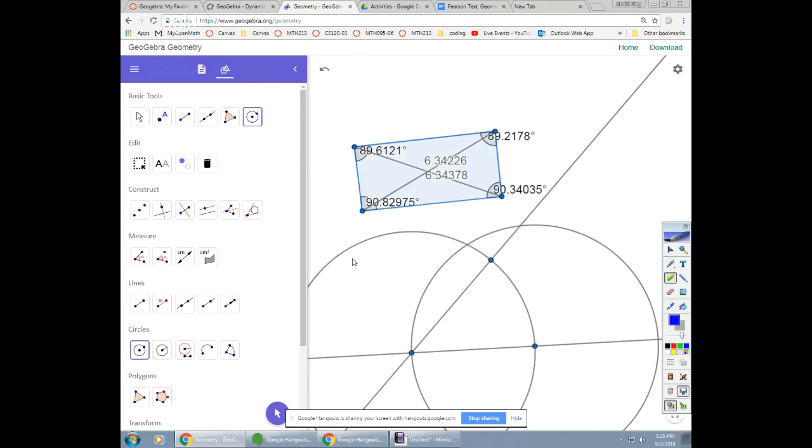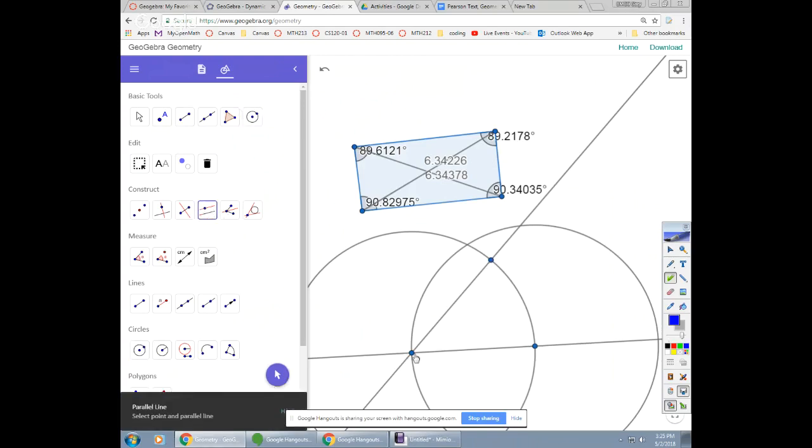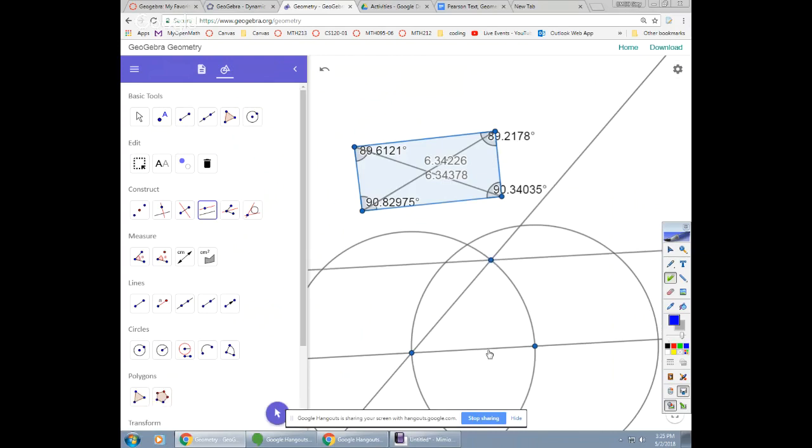Okay, so these 2 circles are congruent because this is the radius in between those 2 points right there. I just need a line parallel to that one through here. There's a parallel line button right there. How does it work? Select a point and a parallel line. Okay, boom, boom. And then I need another line parallel to this one. So point, line. So this is a rhombus through here, right?